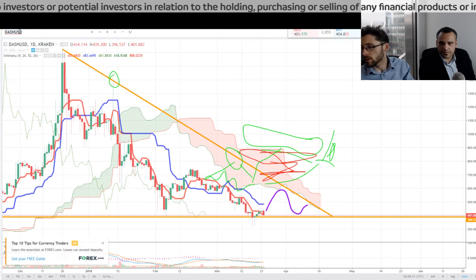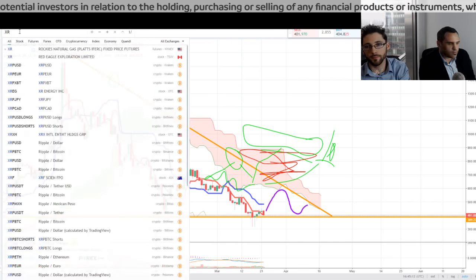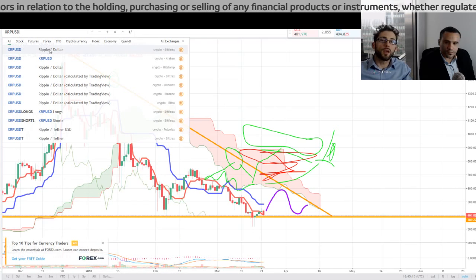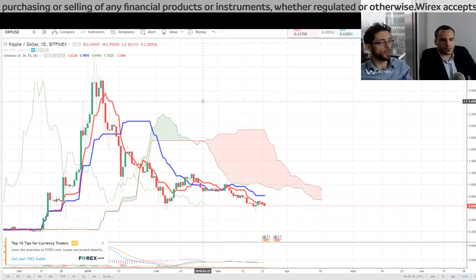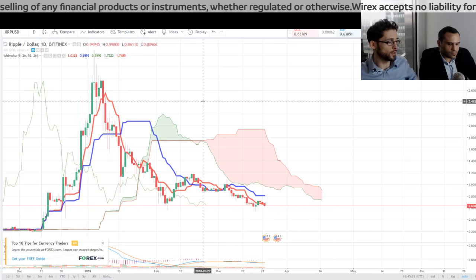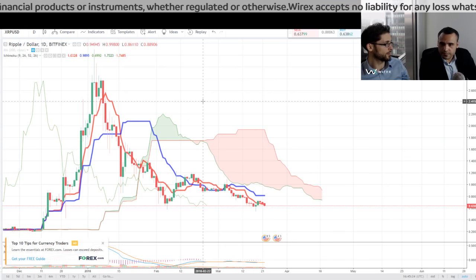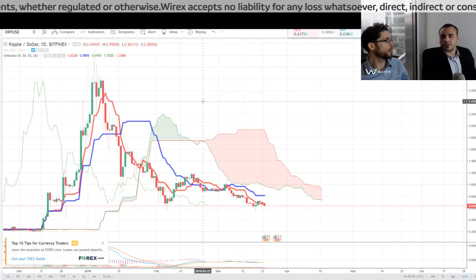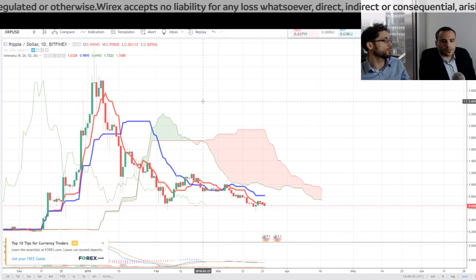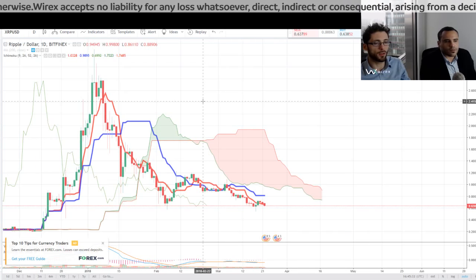Let's have a quick look at Ripple. The reason why I'm getting interested in Ripple is because they're doing, I didn't like it at first because it was created as a centralized crypto. Not created by a bank, but it's part of the traditional banking system. Do you want to explain a bit on that, Raf?